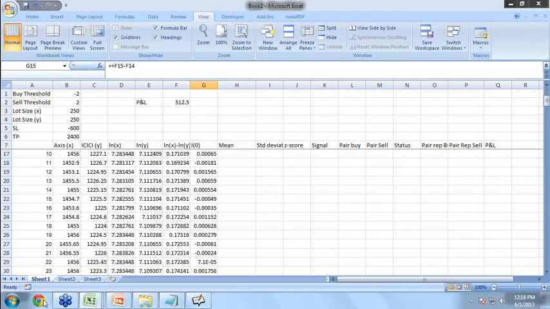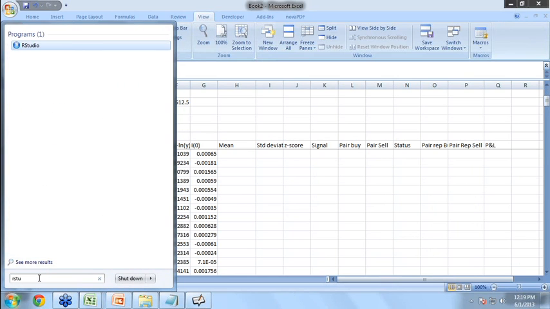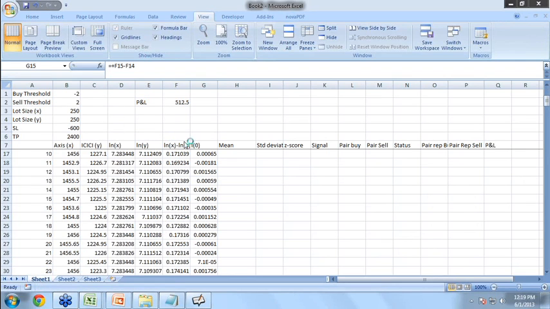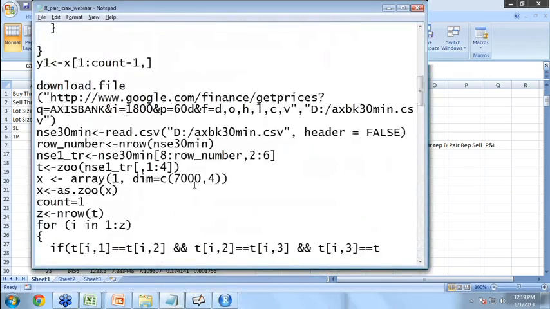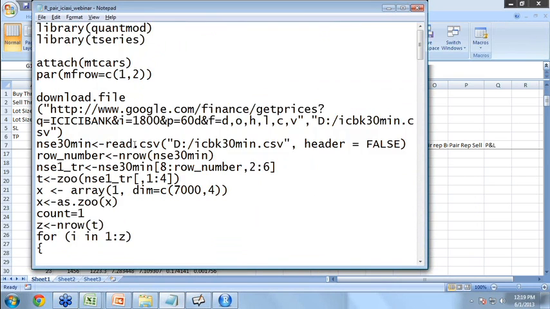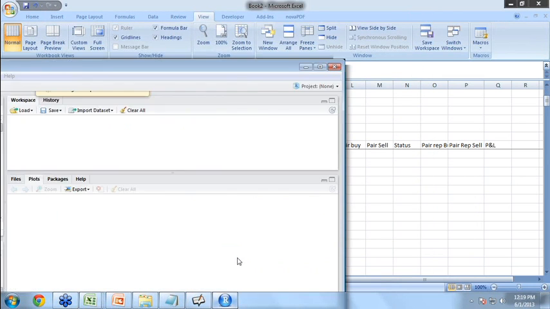So for that, what we'll do is I'll just run RStudio. Over here, I have the code already. I'll copy and paste it into RStudio.